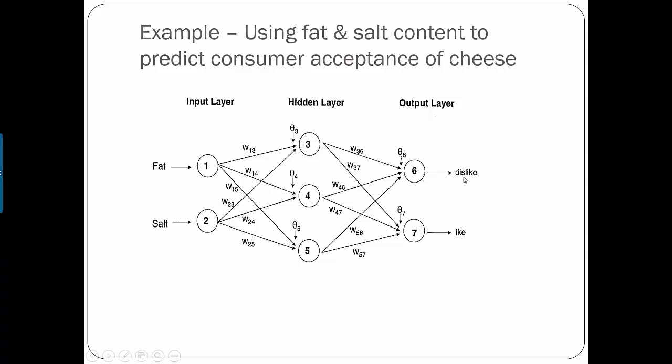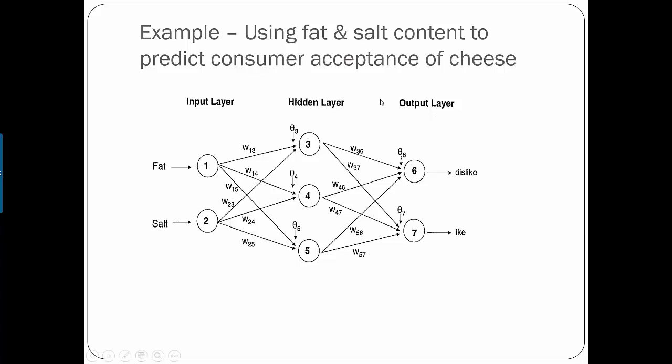And then at the other end, we have the output layer, where this is a classification problem, whether it was acceptable or not. Dislike being not acceptable, like being acceptable. So you have two nodes at the far end, and we are using only one hidden layer, and we have selected 3 nodes for the hidden layer.